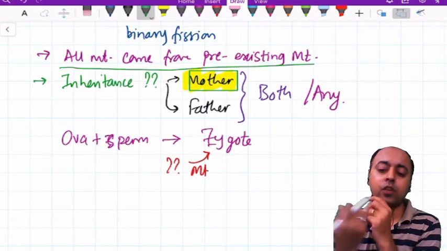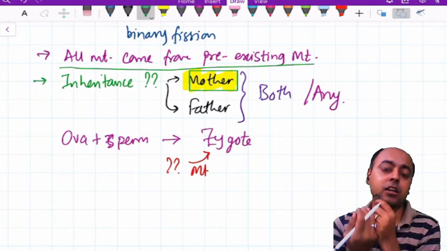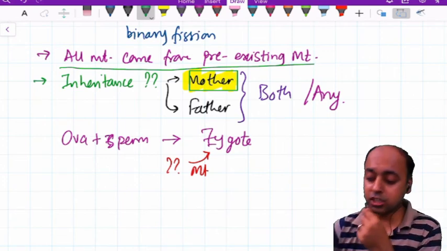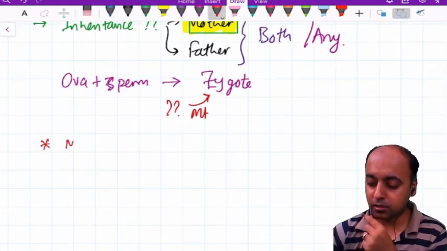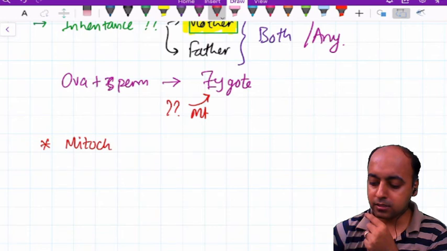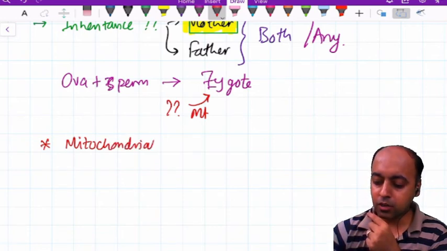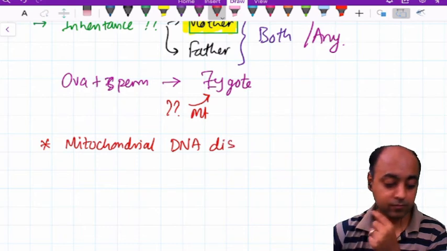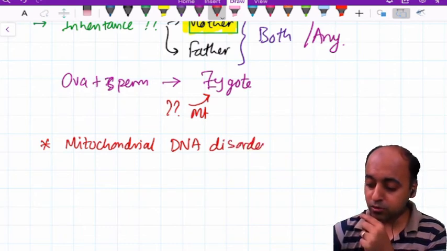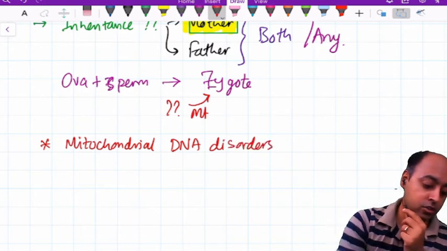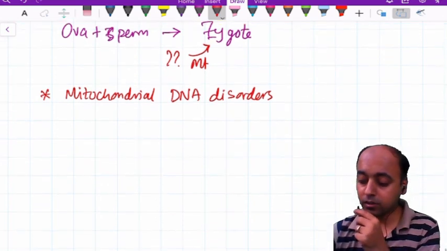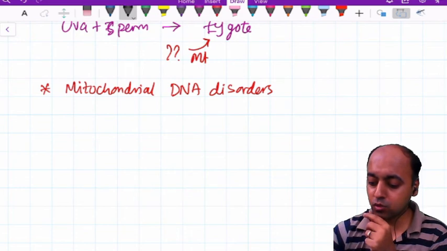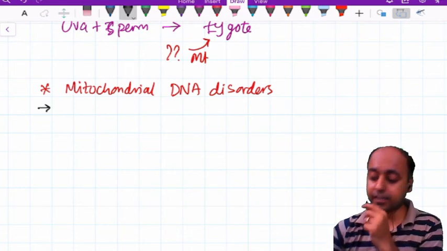Because of this, when we look at the inheritance pattern of diseases associated with mitochondria, now coming to the clinical aspect, that is the mitochondrial DNA disorders, there we see two important points in inheritance.